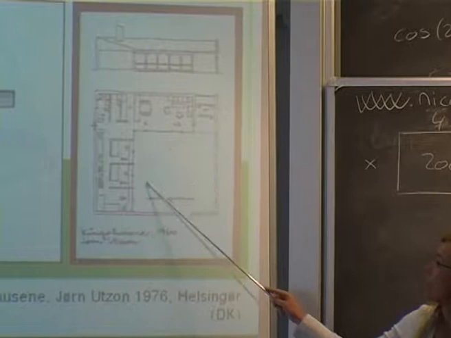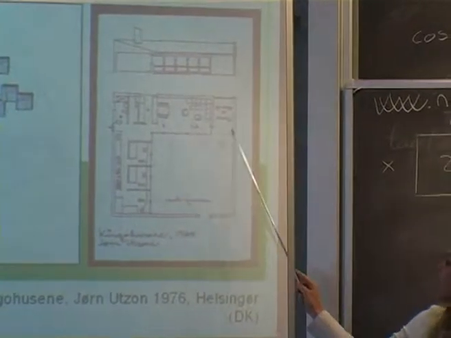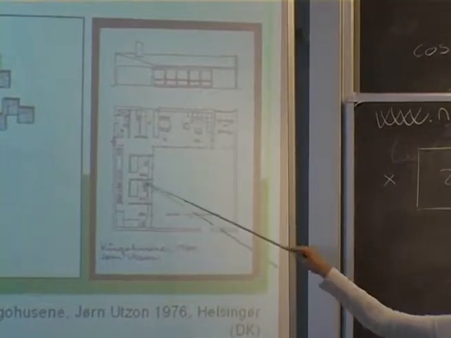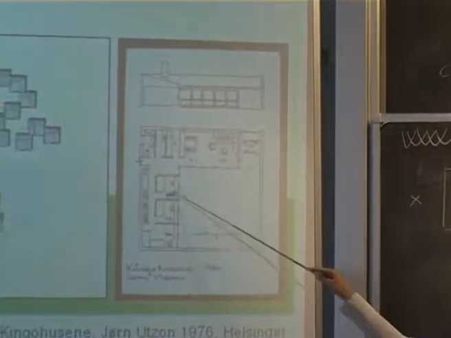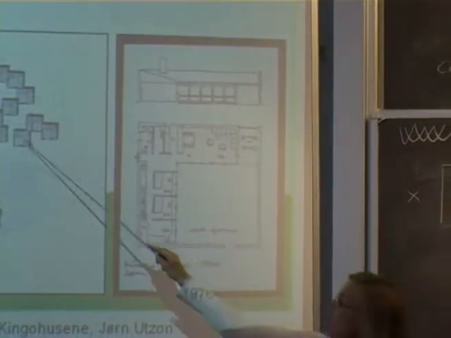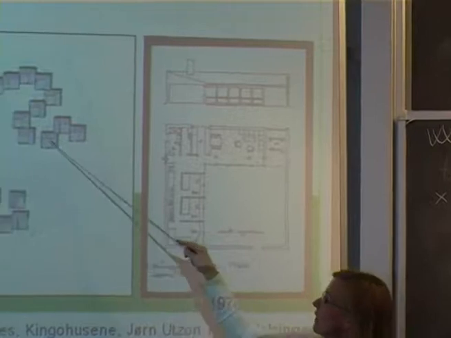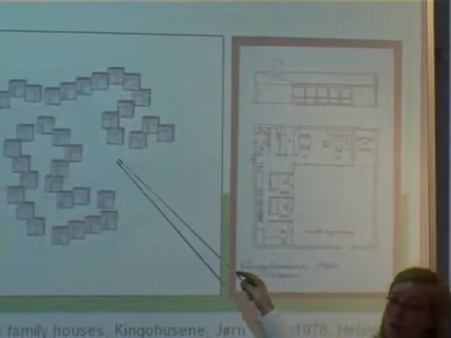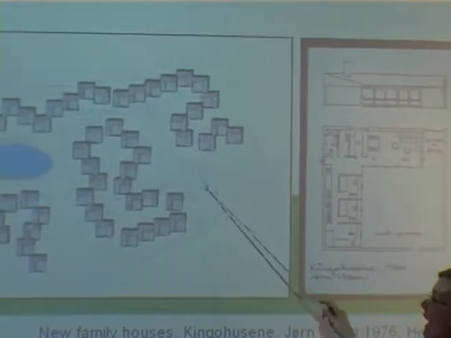He made a courtyard where everything inside was facing the courtyard. A lot of light into the courtyard. And you can see how these courtyards have been placed, definitely not randomly, but planned.